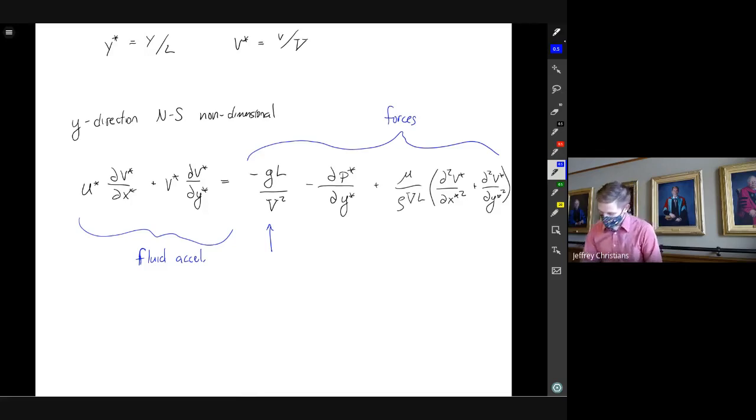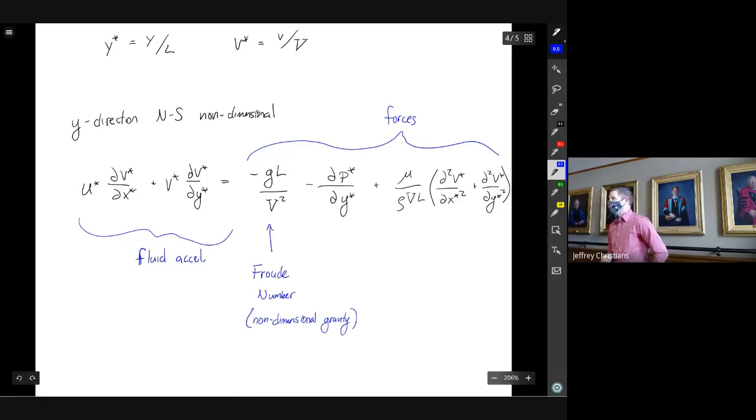Just for example, a lot of these things have fun names. We'll look at some more of them, but this would be the Froude number, which is like a non-dimensional gravity.